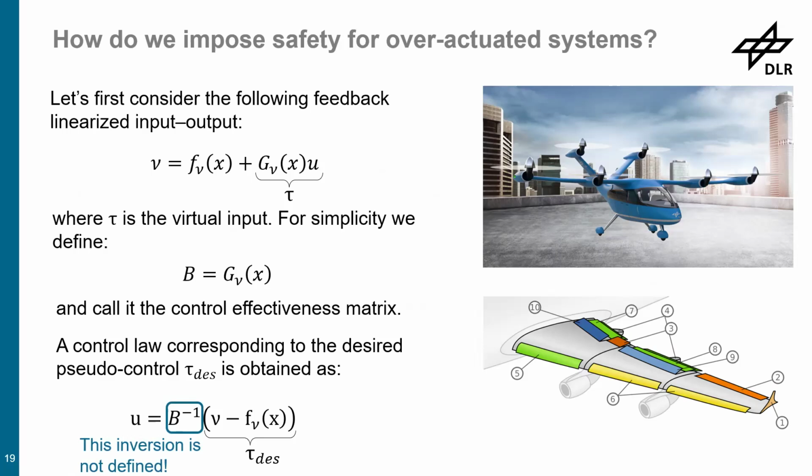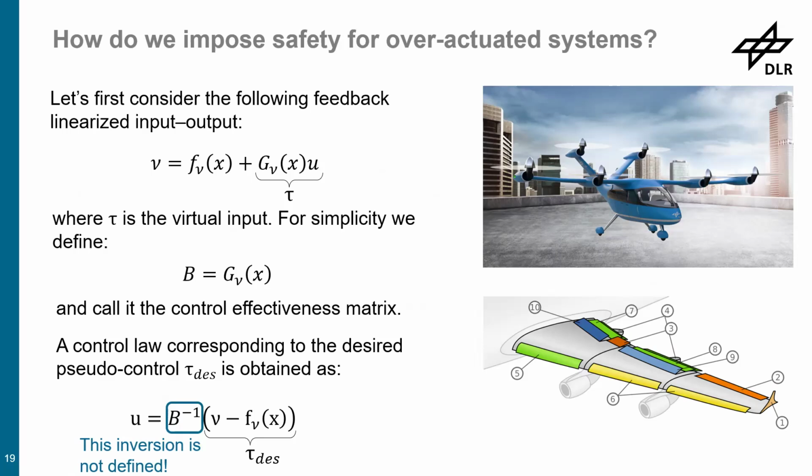And this is more or less always the case for NDI, right? You have to invert your control effectiveness matrix for a control system, right? But if B is not square, if it's, let's say, an over-actuated system with a rectangular B matrix, then you have no inversion, right?